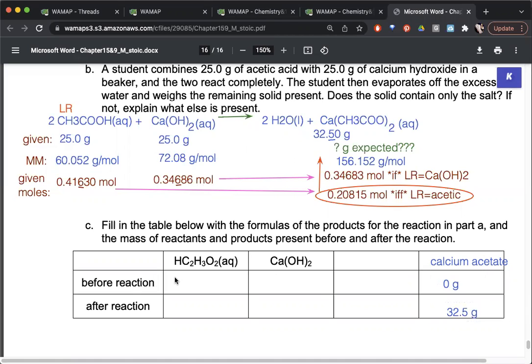Okay, before the reaction, we had 25.0 grams of acetic acid and 25.0 grams of calcium hydroxide. And then after the reaction, we've got to figure out how much got used up. So let me go ahead and change colors again and take a look at, we know this is limiting. So, you know what I had written before was during the reaction.